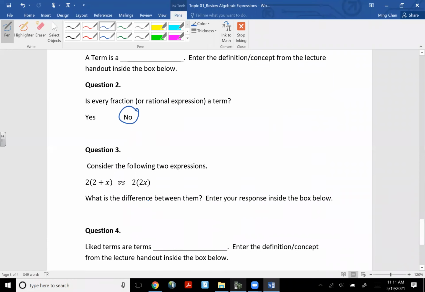All right, what's the difference between these two? You can say both of them are one term. The difference is the number of terms inside the parentheses. The one on the left has two terms. The one on the right inside the parentheses is only one term.